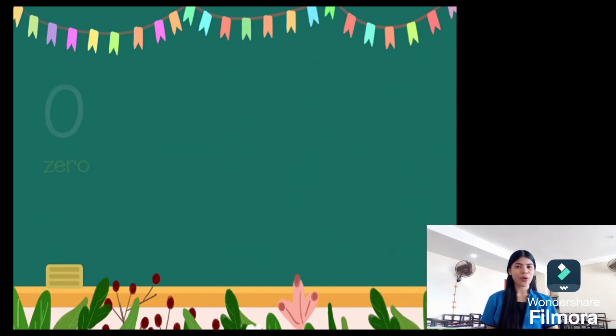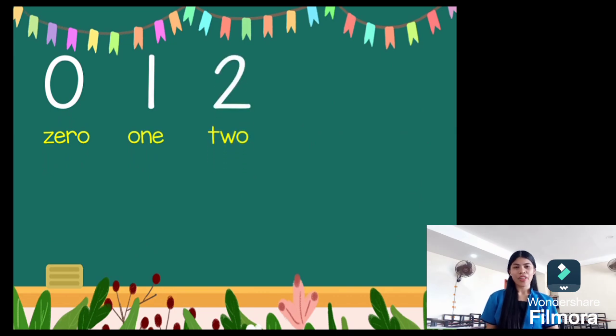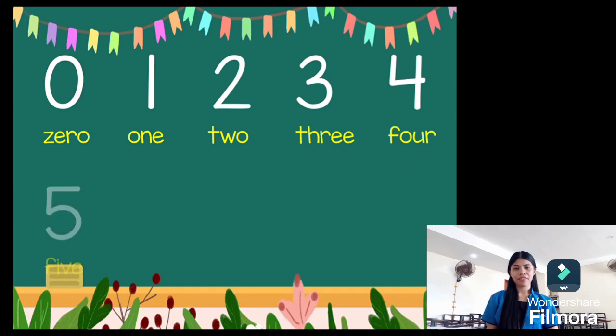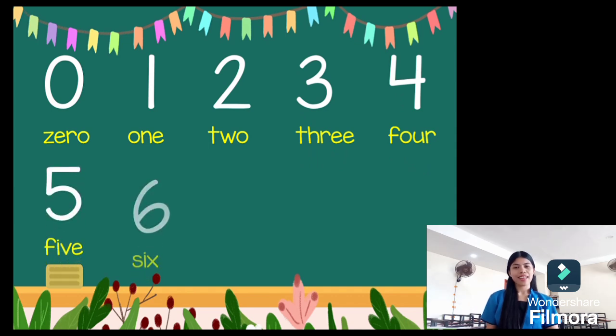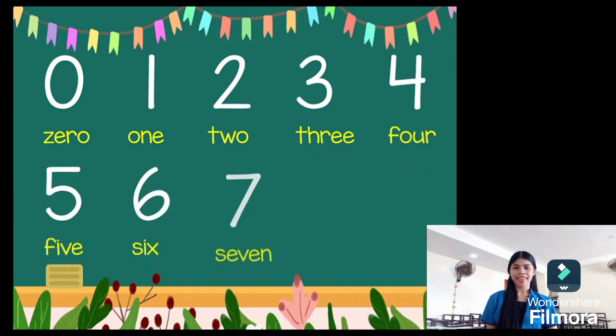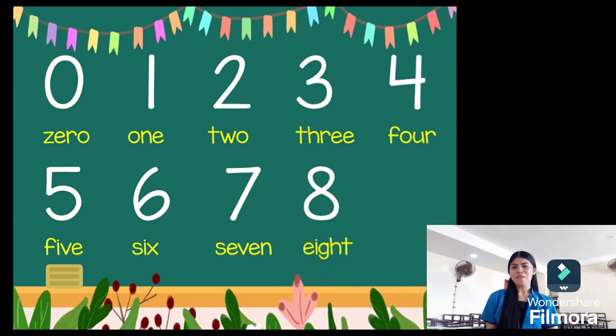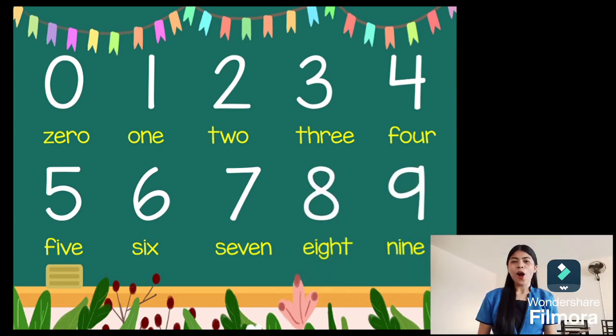Again, 0, 1, 2, 3, 4, 5, 6, 7, 8, 9. Very good. Okay, kids, always remember that 0 means empty or nothing.